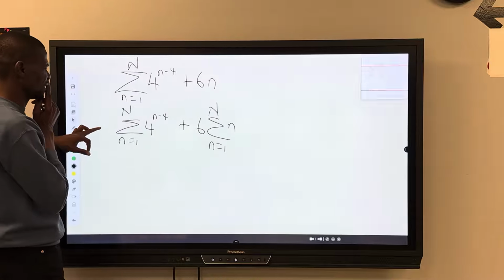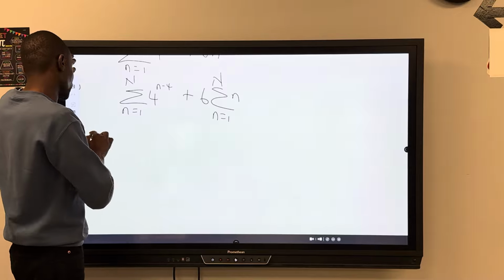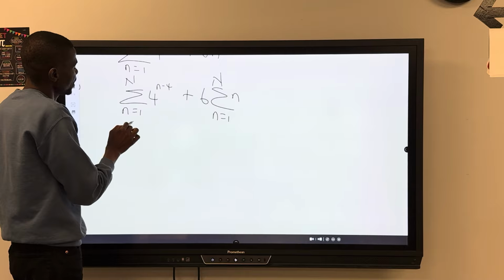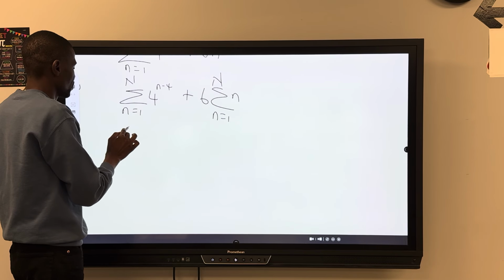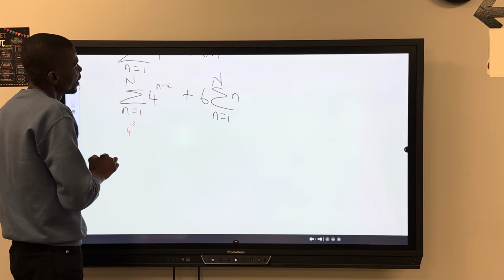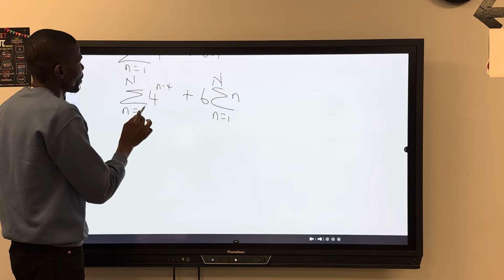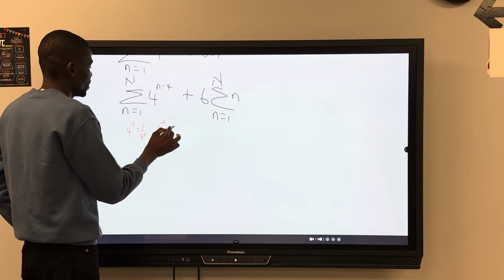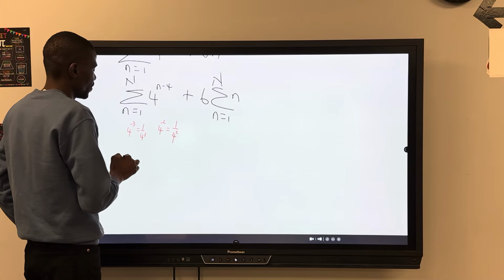As we can see here, if we try to plug in n is 1, let me see what we are getting. If you plug in 1 here, it's going to be 4 to the negative 3, which is just 1 over 4 to the third power. When n is 2, it's 4 to the negative 2, which is 1 over 4 squared.